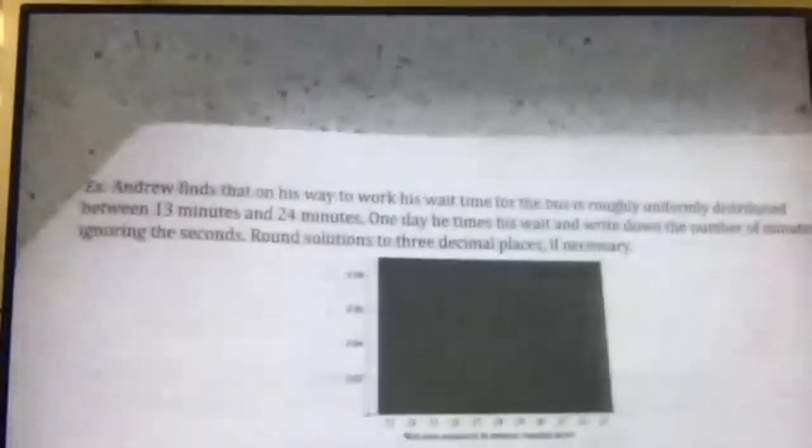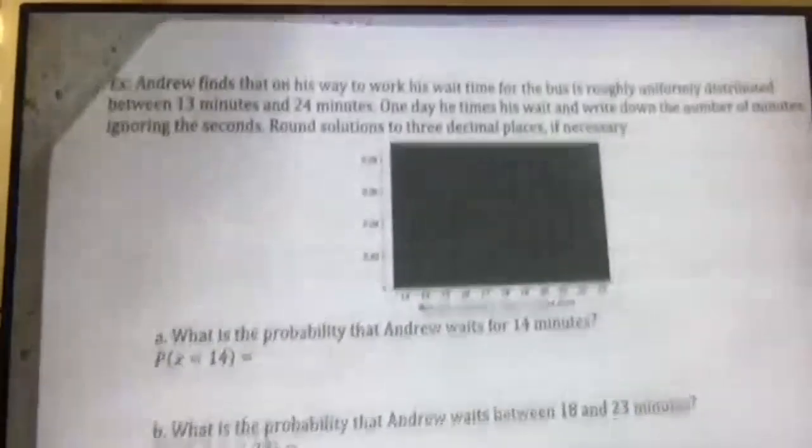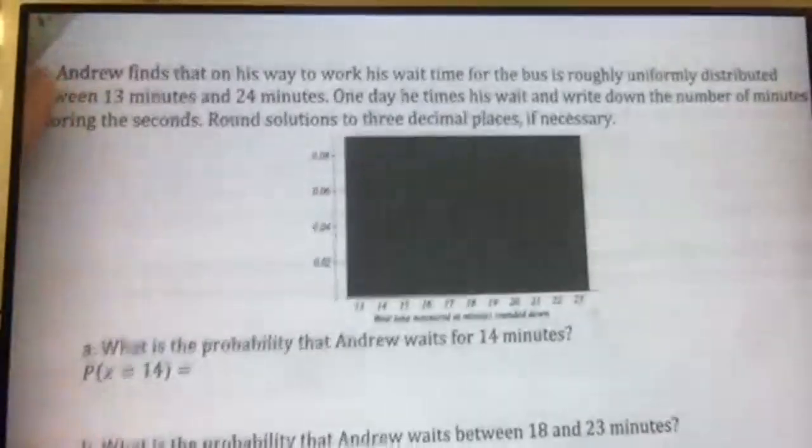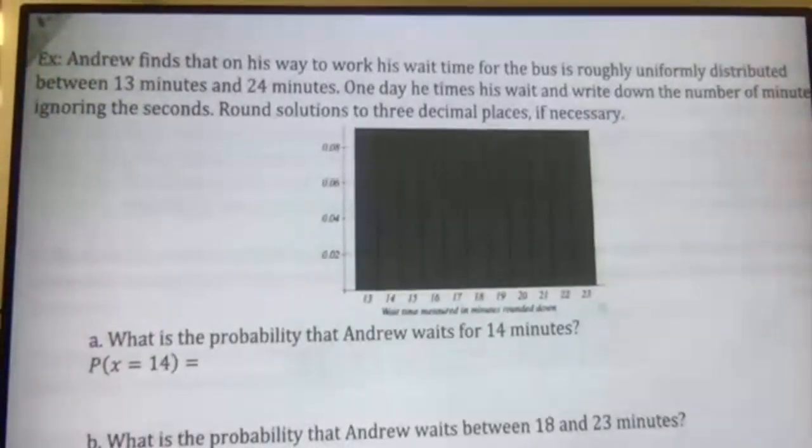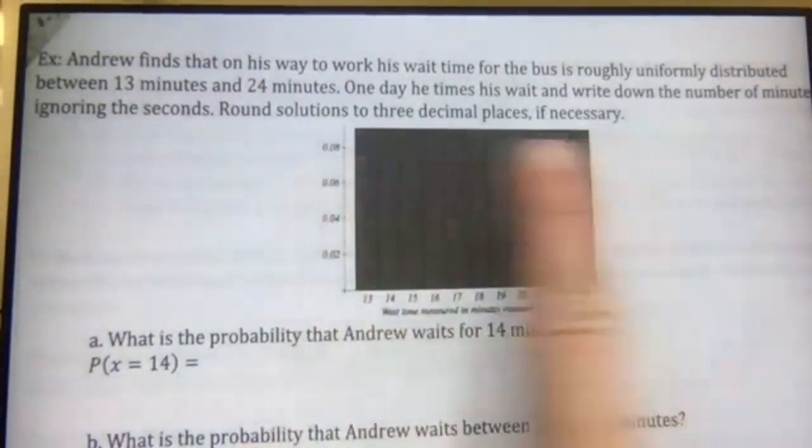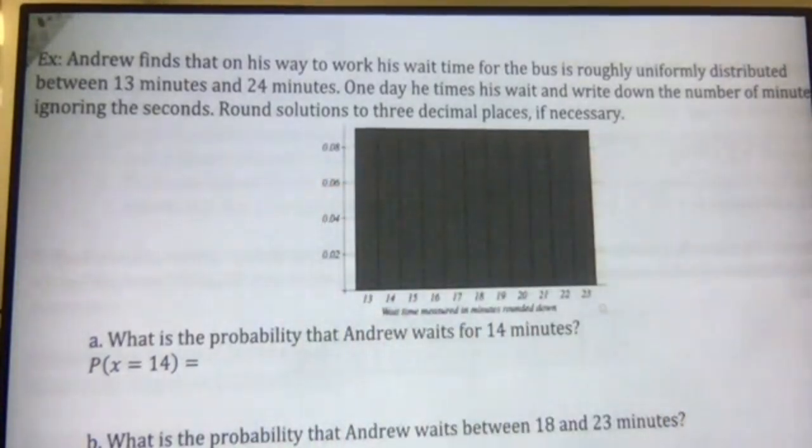So next page. Andrew finds that on his way to work, his wait time for the bus is roughly uniformly distributed. Uniformly distributed means it's about the same, between 13 and 24 minutes. One day, he times his waits and writes down the number of minutes, ignoring the seconds, and rounds to 3 decimal places if needed.